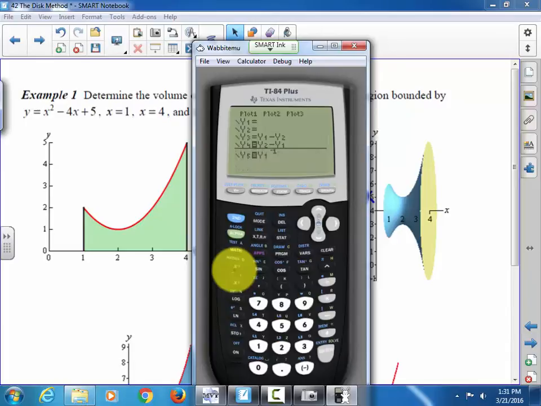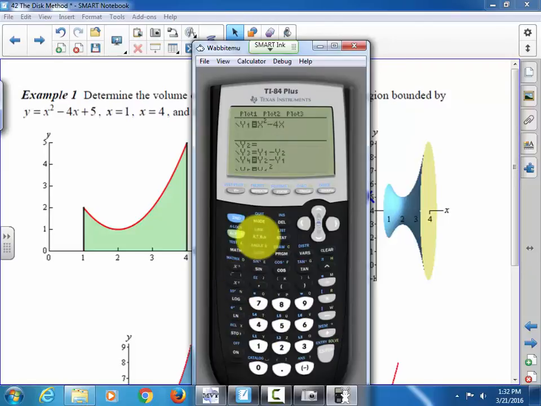Oops, that wasn't it. I can't read. Y variables, functions. Find that squared. So now I can put this function up here, x squared minus 4x plus 5.